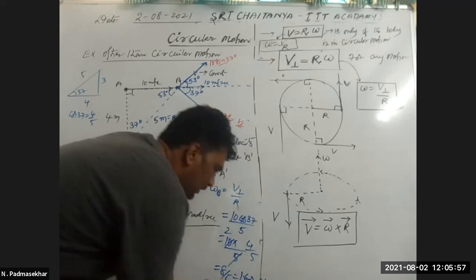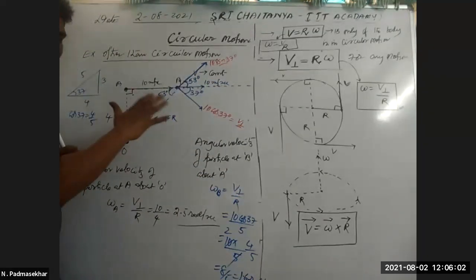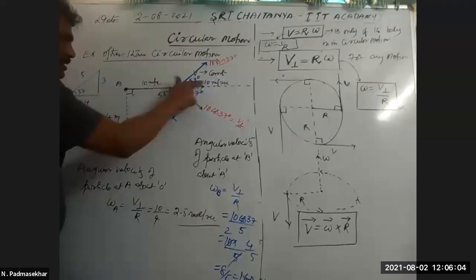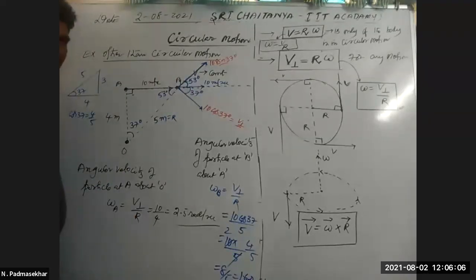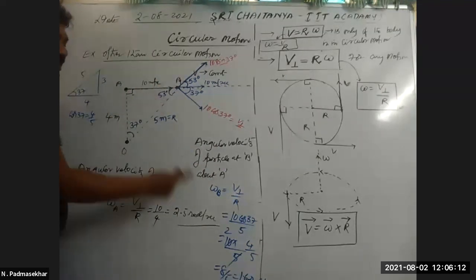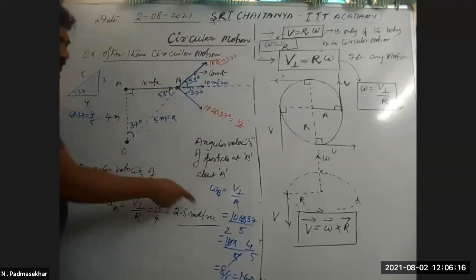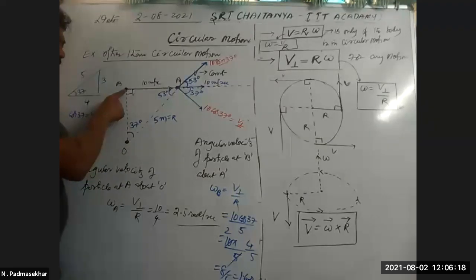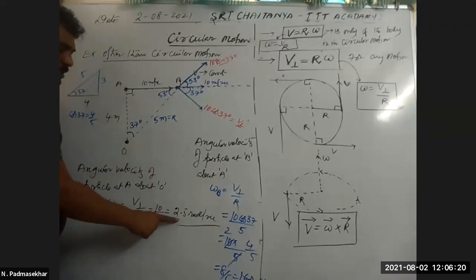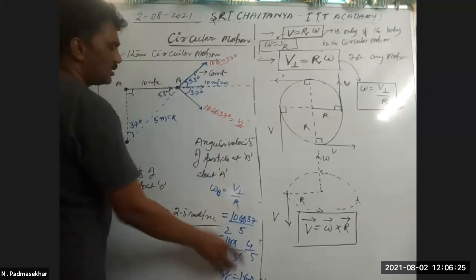See, listen. If the speed is constant, the angular velocity decreases. The particle is there like this, and the angular velocity is 2.5, but then the angular velocity is 0.6.